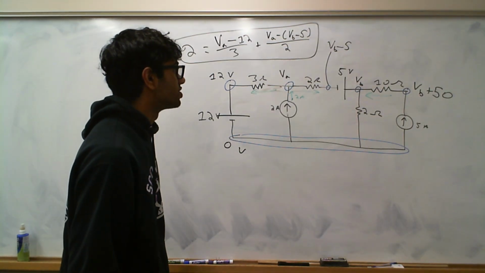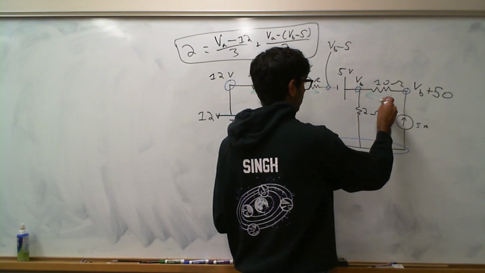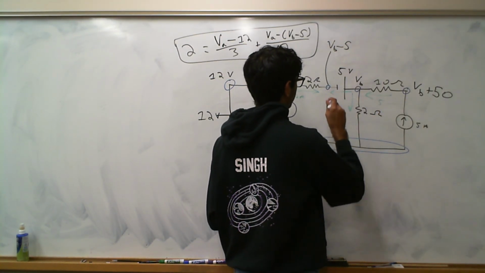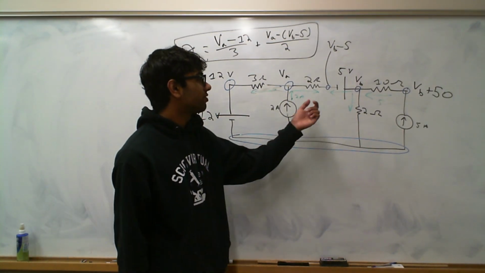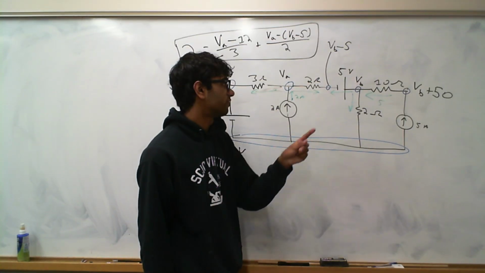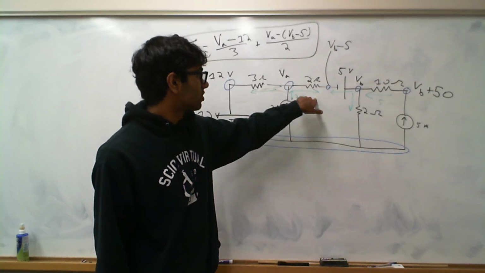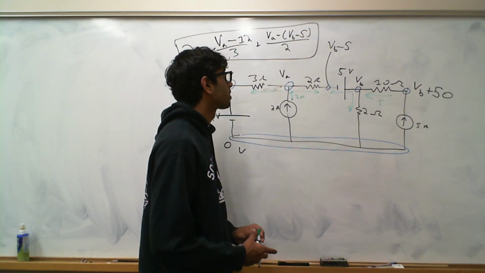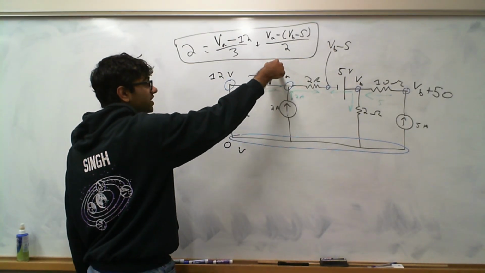For our second equation, we need something for VB. So we know that there's 5 amps going in here. We can also put a current going there and a current going here. And now here's the key thing to notice. We can't do a V equals IR expression for the battery because the battery has 0 resistance. But we can for the resistor. And we know the resistor current is the same as the current of the battery. So for the resistor, it's VB minus 5 minus VA over 2.